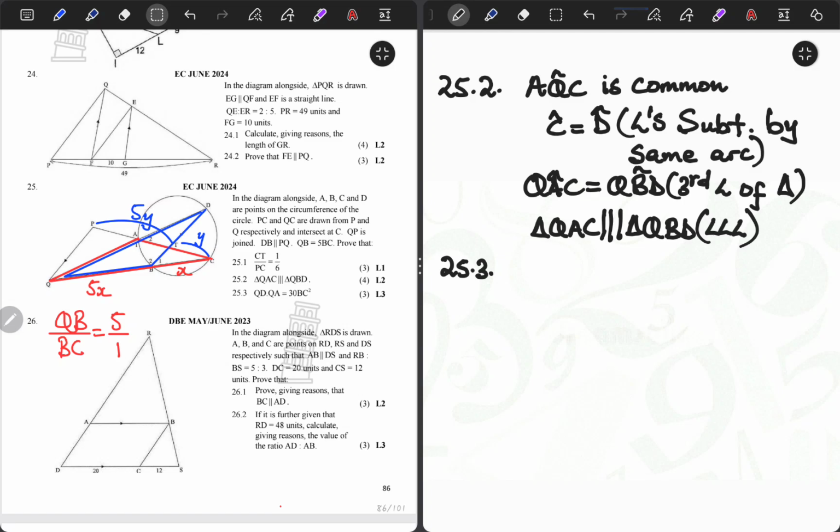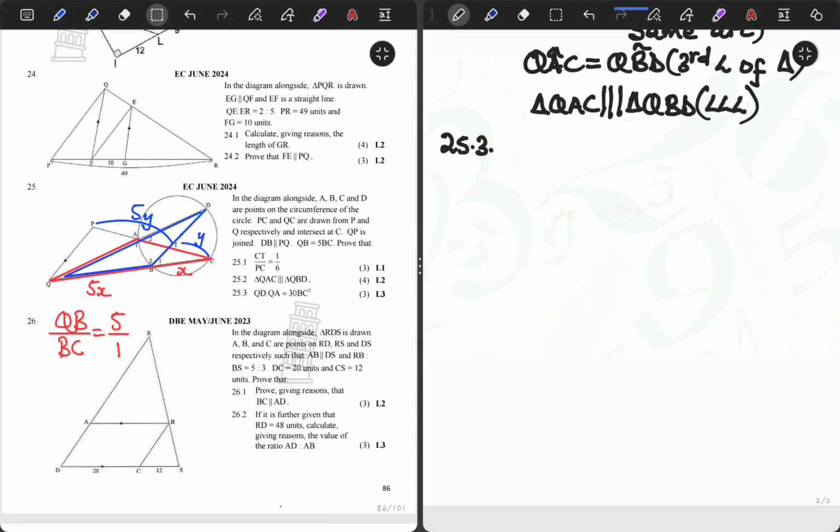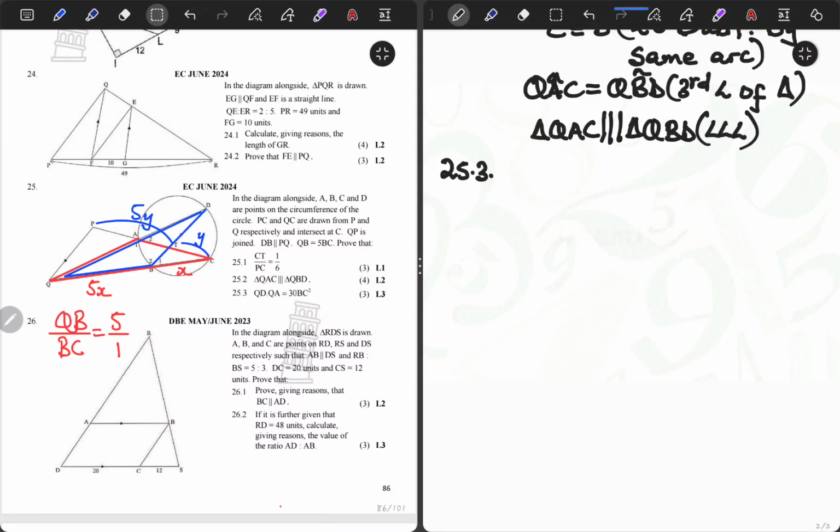They say here we need to prove that QD multiplied by QA equals 30 BC squared.